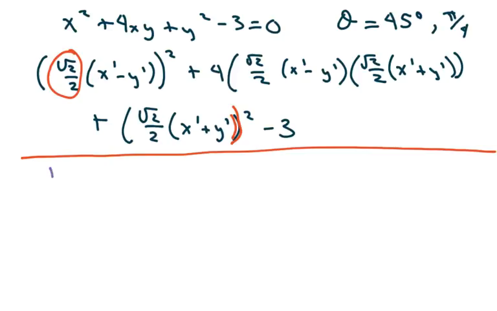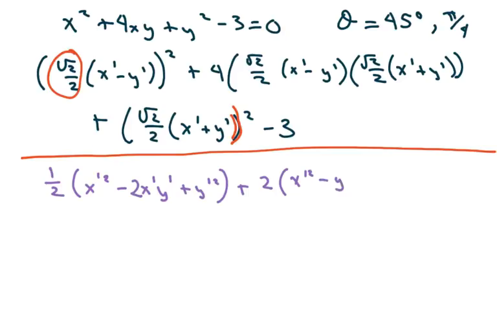So I'm going to get 1/2 x prime squared minus 2 x prime y prime plus y prime squared. Okay? Plus, given this, you're going to have 2 times x prime squared minus y prime squared.